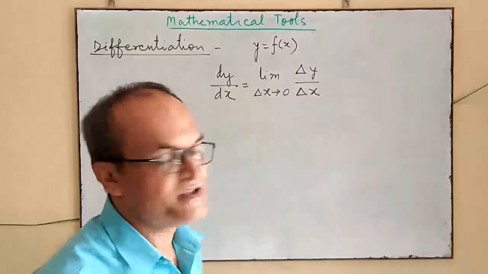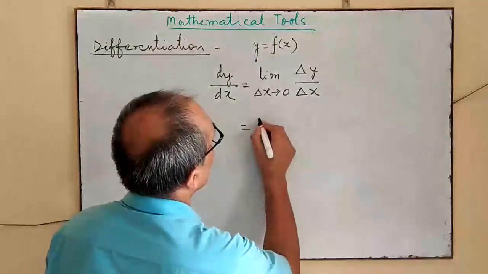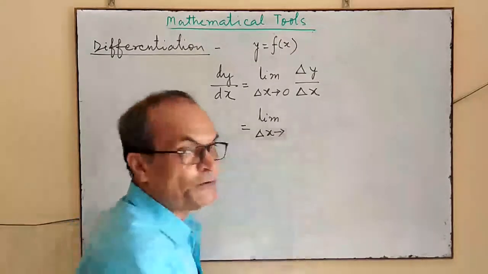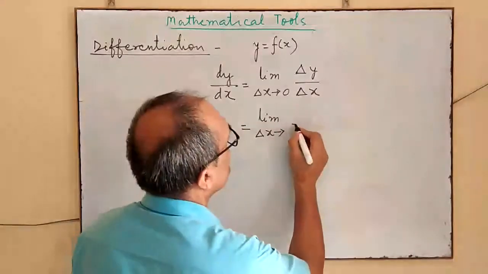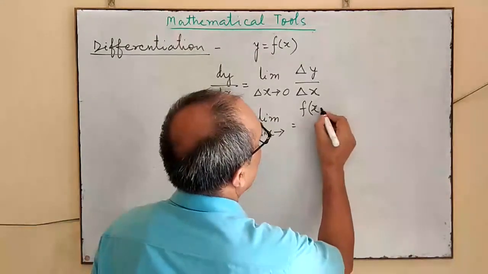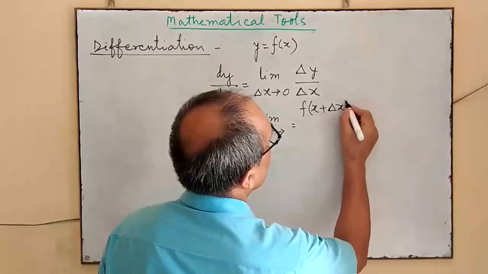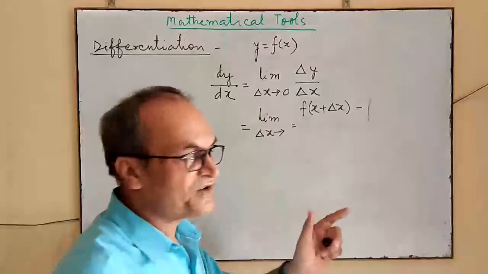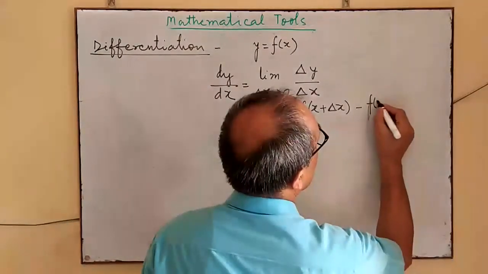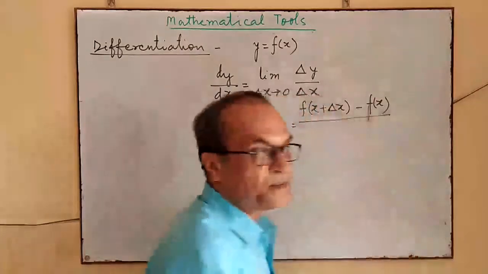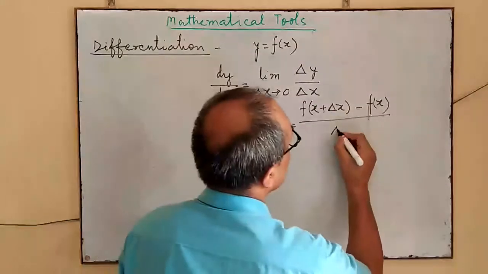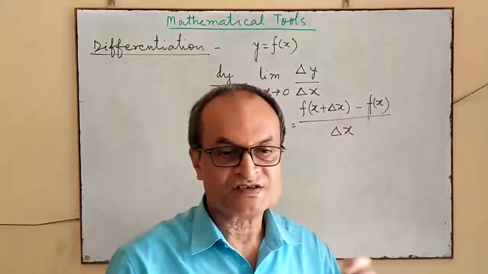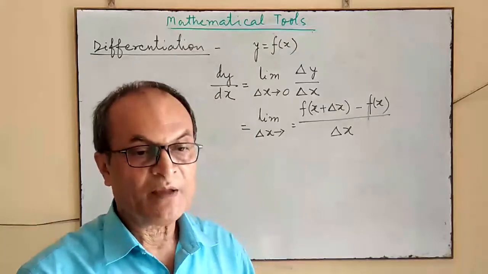So this can be written as limit delta x tends to 0 of f(x plus delta x) minus f(x), divided by delta x. So if this limit exists, now we are going to derive it.